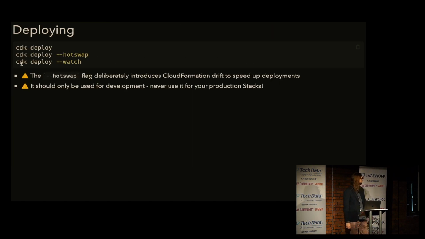And then we can deploy it. And deploying creates a CloudFormation template and uploads it to CloudFormation, which we've already established is slow. Or should I say, I just asserted that it was slow. But you can also do a CDK deploy.